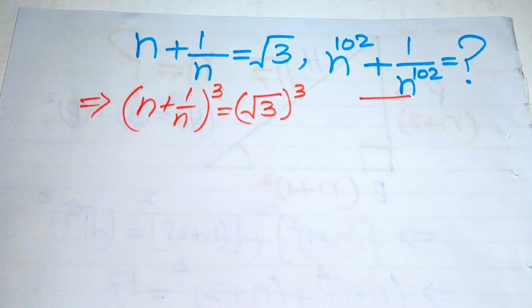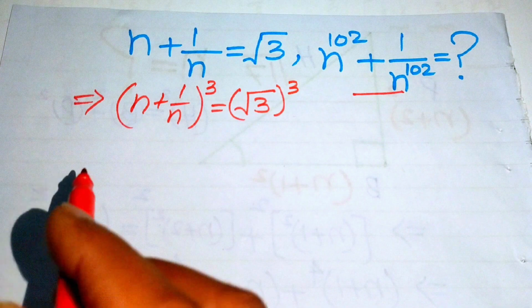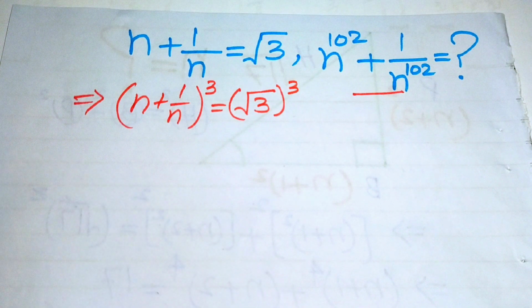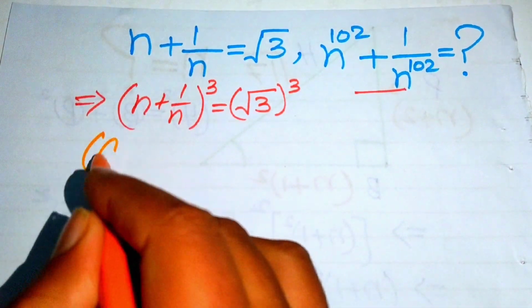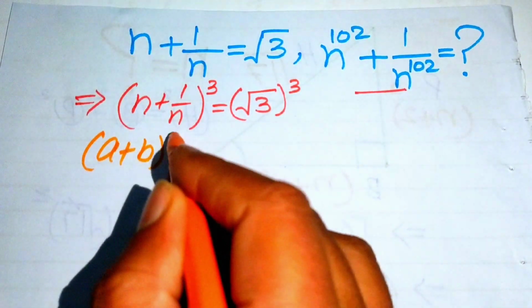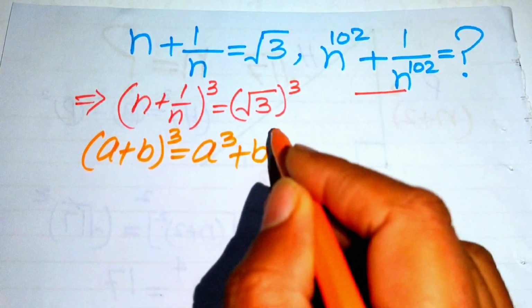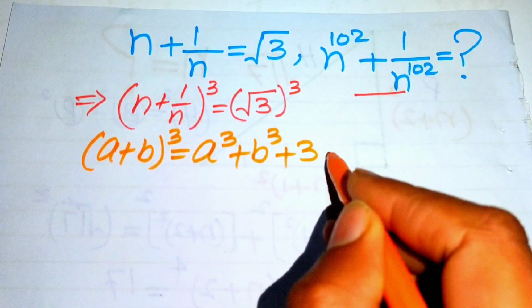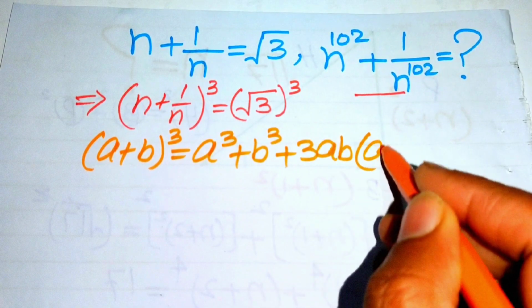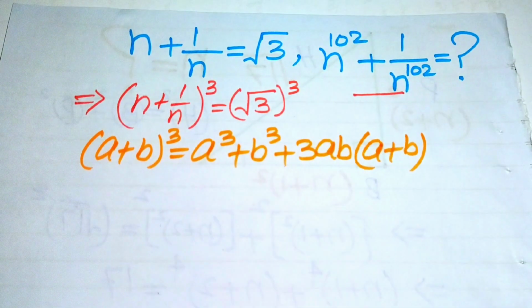Now on the left hand side we use the nice cubic formula, and you know about this formula: a plus b whole cubed equals a cubed plus b cubed plus 3 times ab into a plus b.